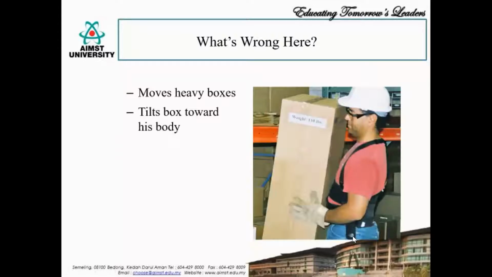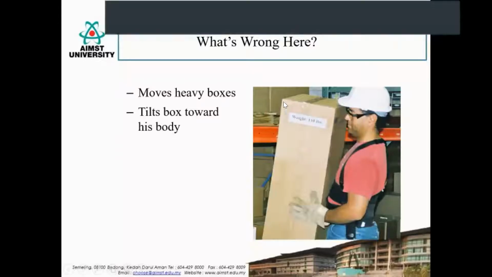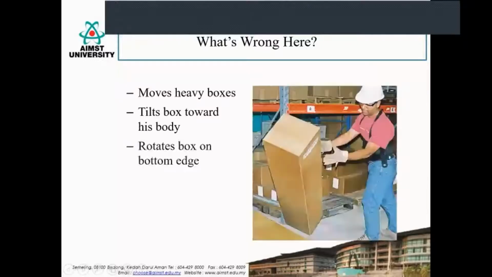When you are tilting the box towards the body, sometimes if the box slips, it will be falling on you. When it is falling on you, you will be hurting your back or your head. So this is again a wrong thing. You should not tilt the box towards your body. Then he tries to rotate the box on the edge and tries to move it.